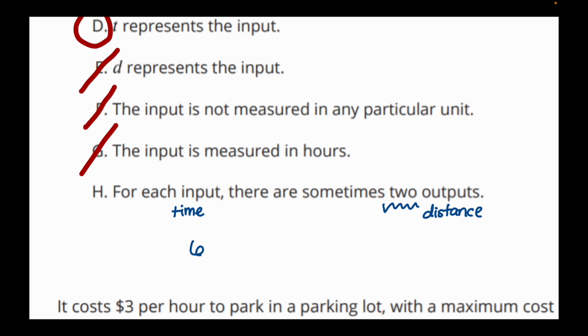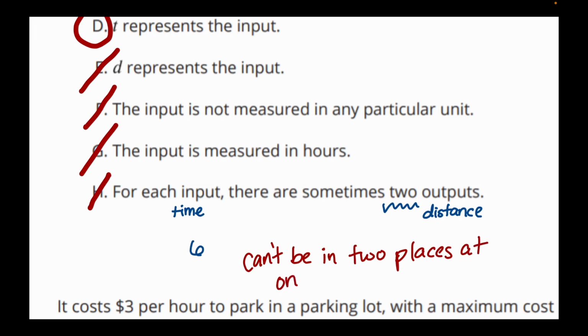I cannot, unless you can bend time and space, in which case you could be in two places at the same time. This is not actually true because you can't be, according to this, in two places at the same time. So I'm going to write a little note here: can't be in two places at once.